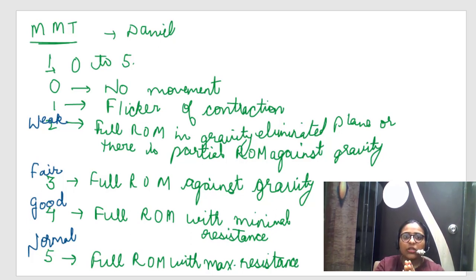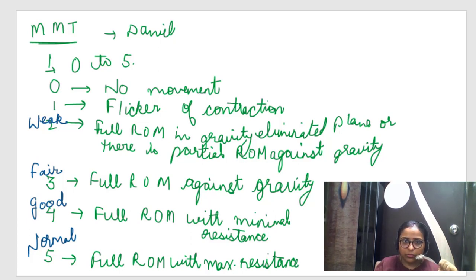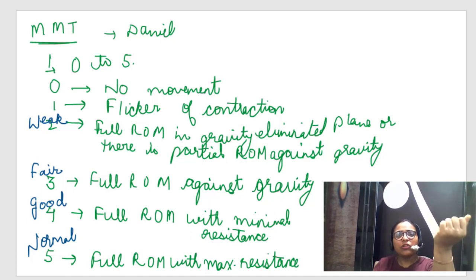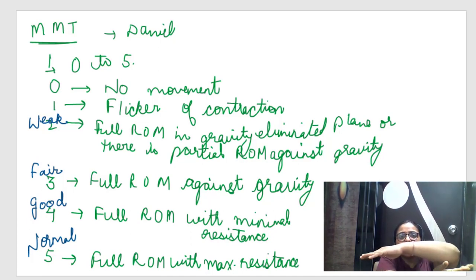And if you ask the patient to bend his elbow or to flex his elbow and the patient is unable to do, right, then you go to the grade 2, right. Here what you have to do, either the patient is completing the partial range of motion, means this is a gravity eliminated plane, and the patient is unable to do it, then you provide the gravity eliminated plane to the patient, means for example you provide the suspension board at the elbow, or for example you can also place your hand, right, and then you can ask the patient to flex his elbow.